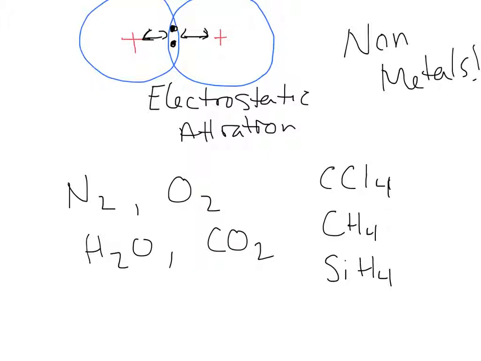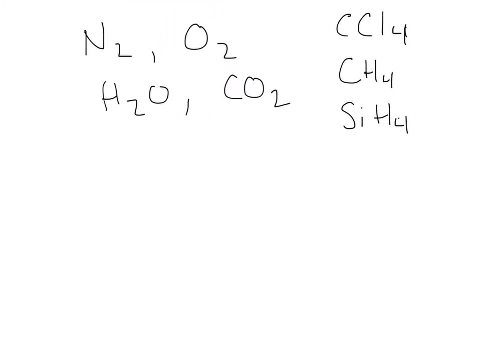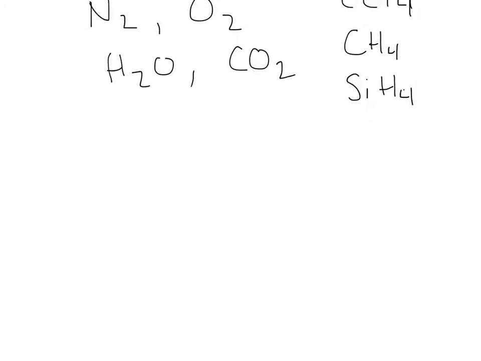But there are exceptions to this octet rule or noble gas configuration rule. We have something like boron. Boron, if I do my Lewis structure, has only 3 electrons. Because it only has 3 unpaired electrons, it can only make 3 bonds, say with hydrogen, like so.